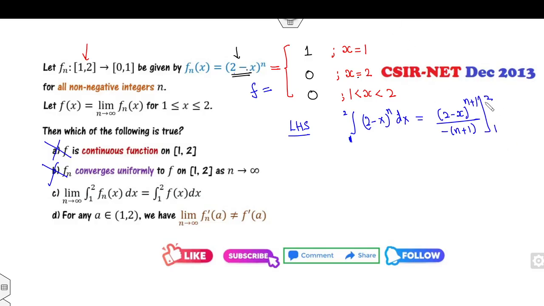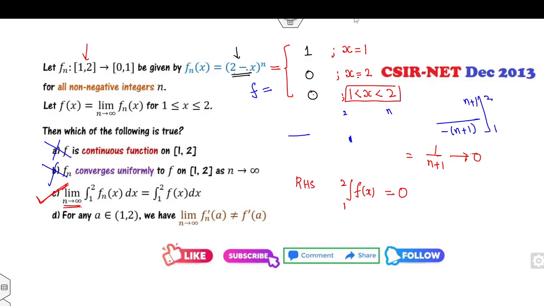If I substitute 2 it is 0. If I substitute 1, it is 1 over n plus 1. And it goes to 0 as n approaches infinity. Look at the right-hand side. It is the integral from 1 to 2 of f(x). What is the limit when x lies between 1 and 2? It is 0. So both are the same. Yes, this option is the correct option.